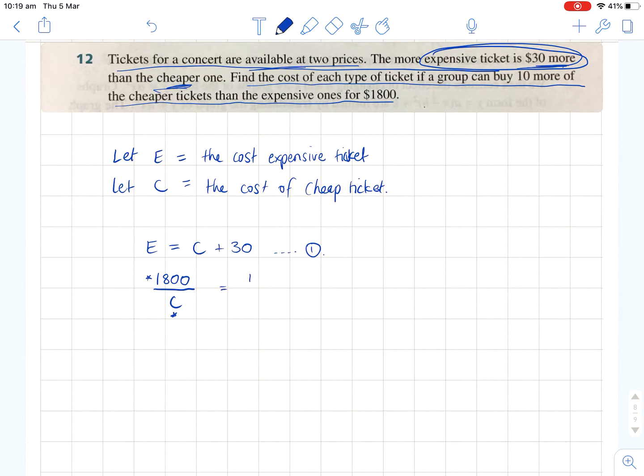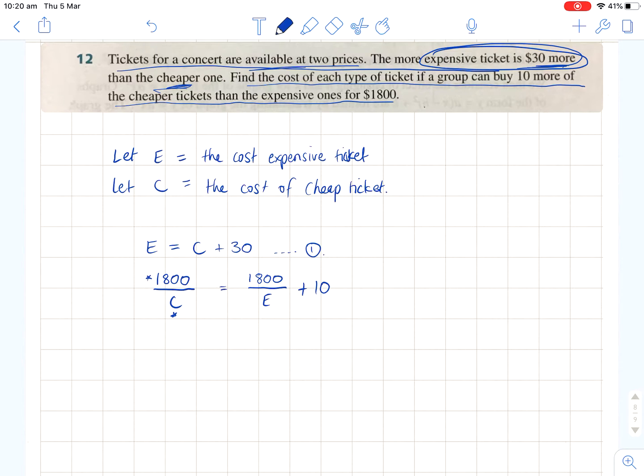The same thing works for the expensive tickets. If I take the total amount of $1,800 and divide it by the expensive ticket, then I will have the number of expensive tickets. And I know that I can get 10 more tickets.